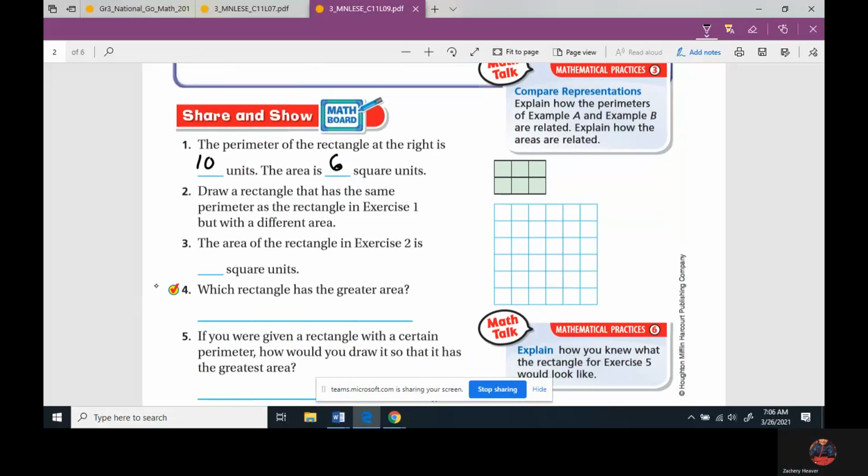All right. So let me do 1, 2, 3, 4, 5. So I'm going to draw 1, 2, 3, 4. 1, 2. 4 plus 4 makes 8.